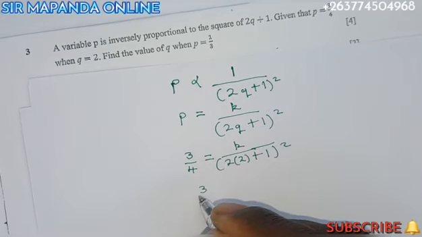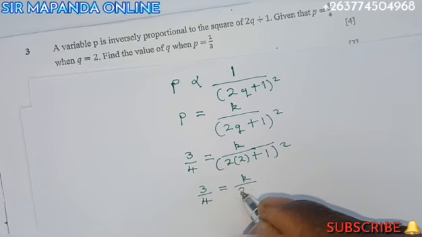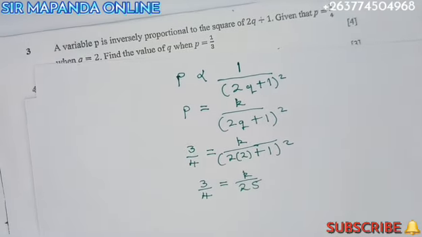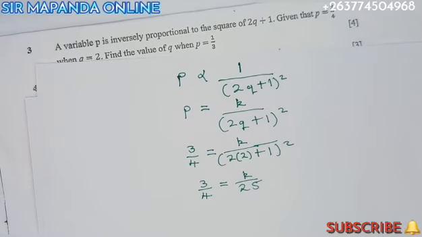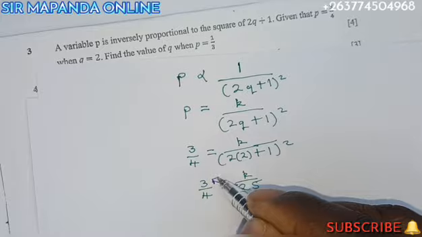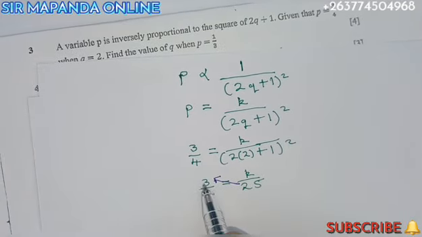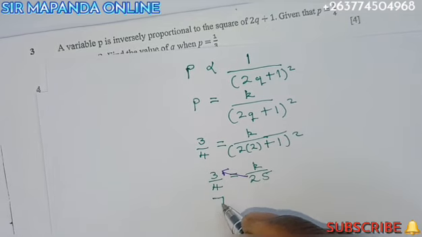So you now have 3/4 is equal to K over 25. Then you multiply both sides by 25 to make K the subject. So you simply multiply 25 with the 3. So 3 times 25, you get 75 over 4.